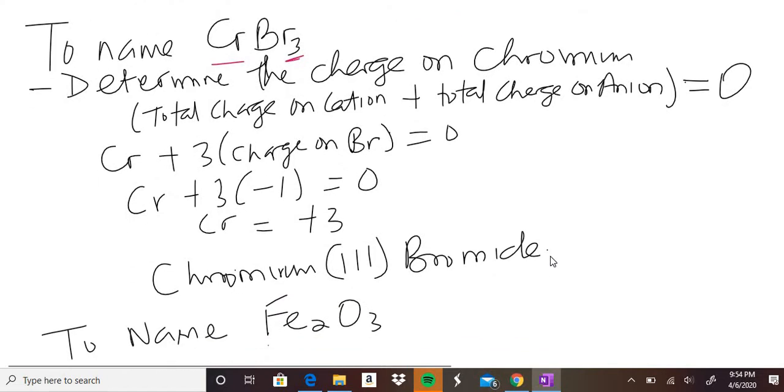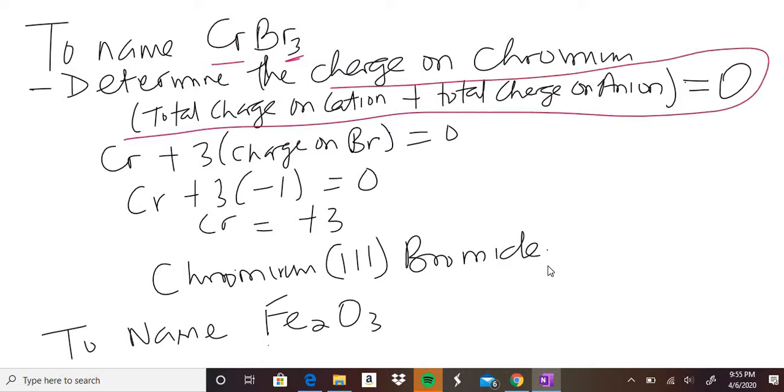To name CrBr3, we determine the charge on the chromium, which is our type 2 metal. So how do we determine the charge? We use this relationship here. The total charge on the cation plus the total charge on the anion equals 0.